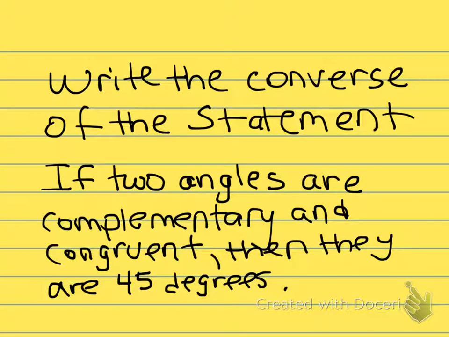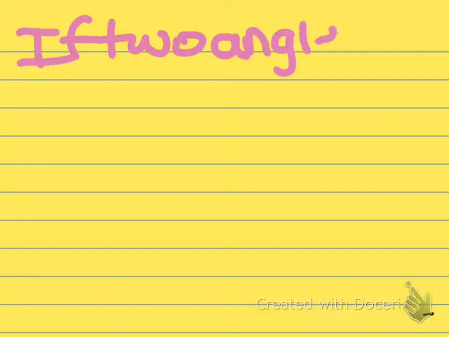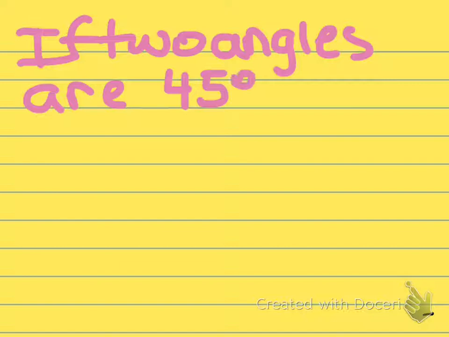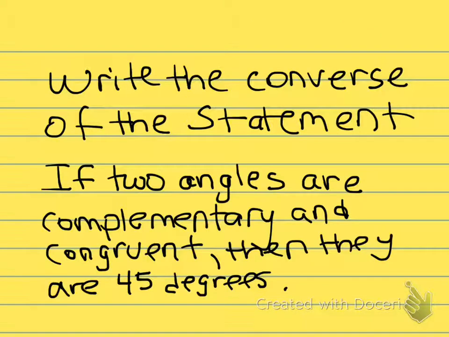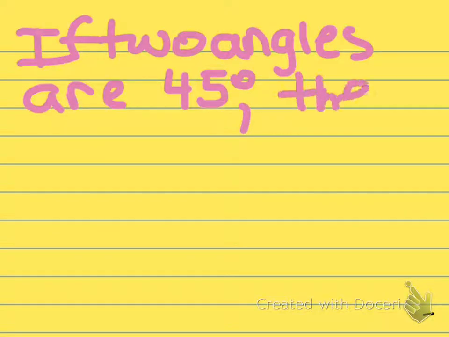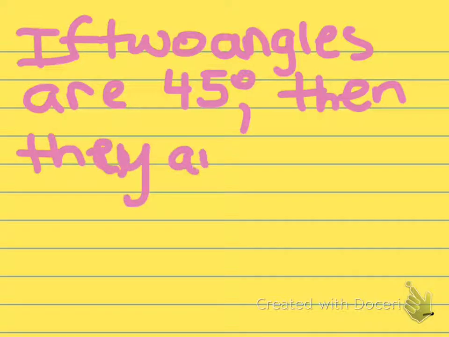So if we have, if two angles are complementary and congruent, then they are 45 degrees, we're going to switch that to say if two angles are 45 degrees, then they are complementary and congruent.